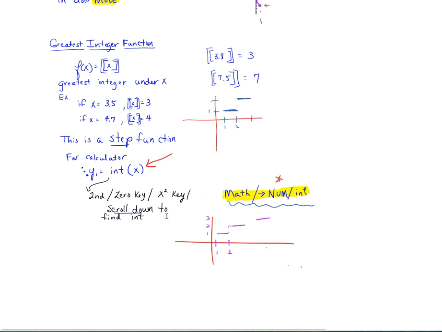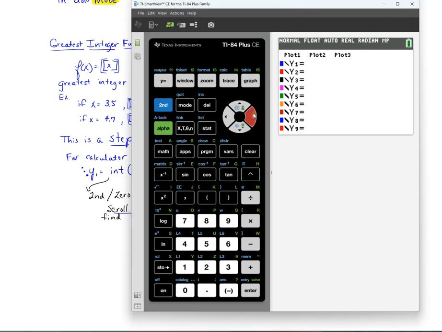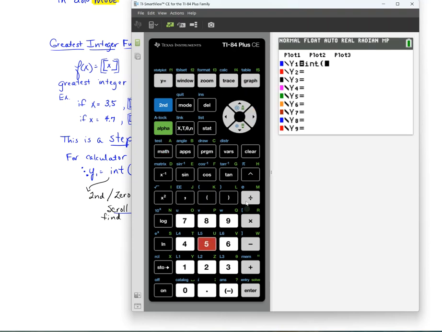And to get that, the easiest way to put that in your calculator is math over to number, and it's int. Let me show you that on the calculator. So let's go just to plain there. We'll get back over here. And if we go to math, over to number, and then int is number 5.